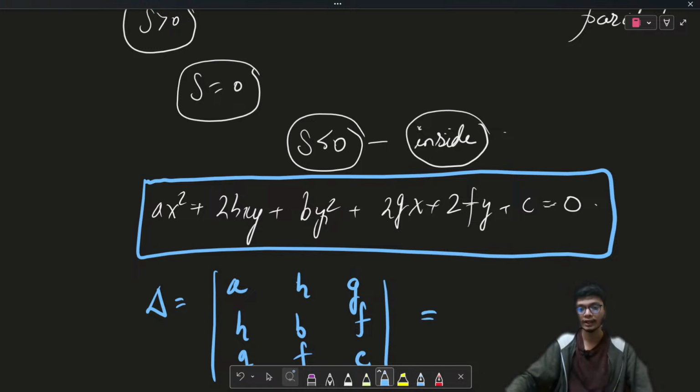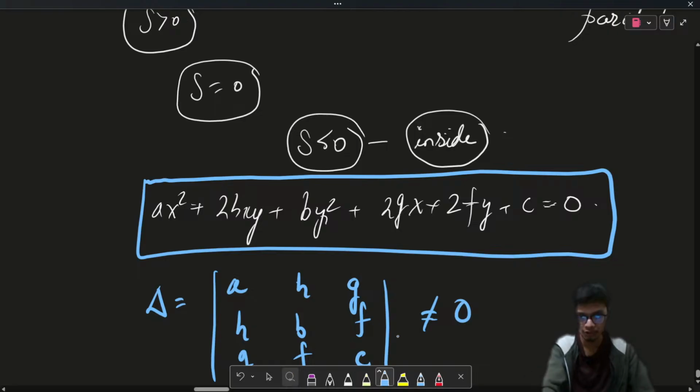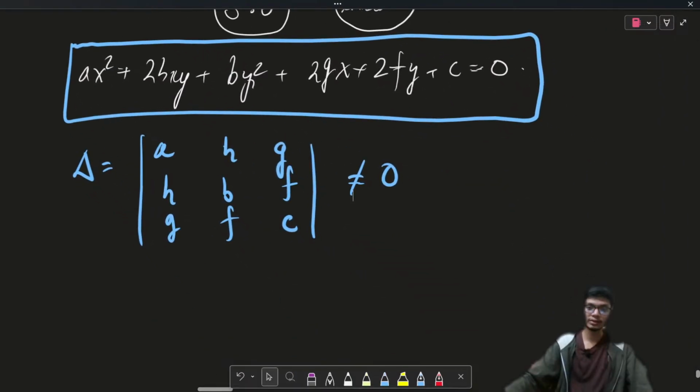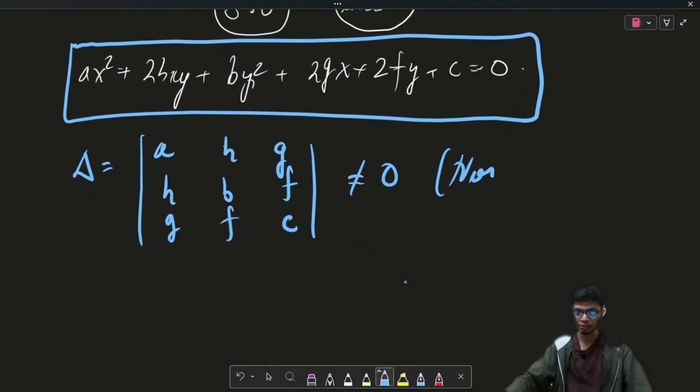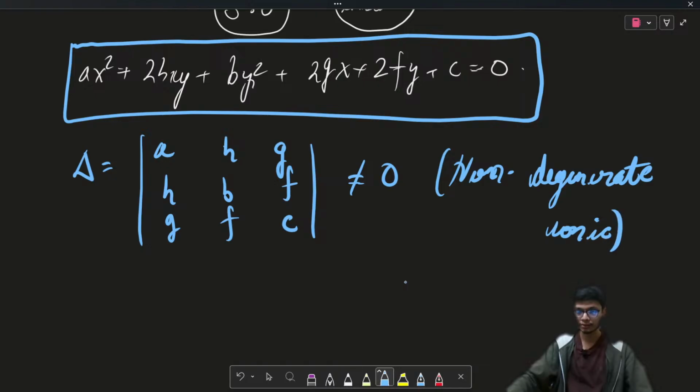If this determinant is not equal to 0, that basically means these are the non-degenerate conics, which are circles, parabola, and other non-degenerate conics. Whereas if it is equal to 0, then this is the case of degenerate conics, which is basically the pair of straight lines, a point, right? So those are all degenerate conics.